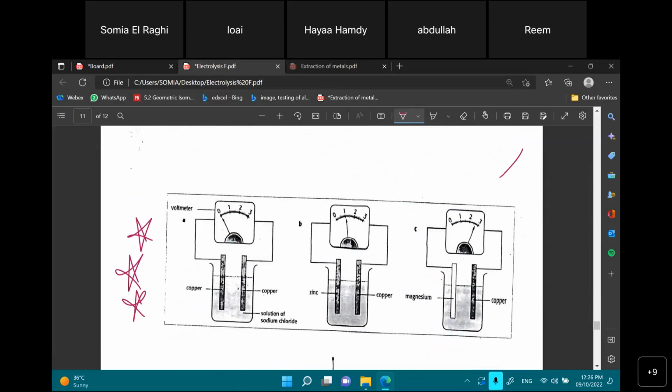What is the part you missed? The voltage value. They will ask how to increase the voltage in a voltaic cell. Okay? I need to increase the value of the voltage.